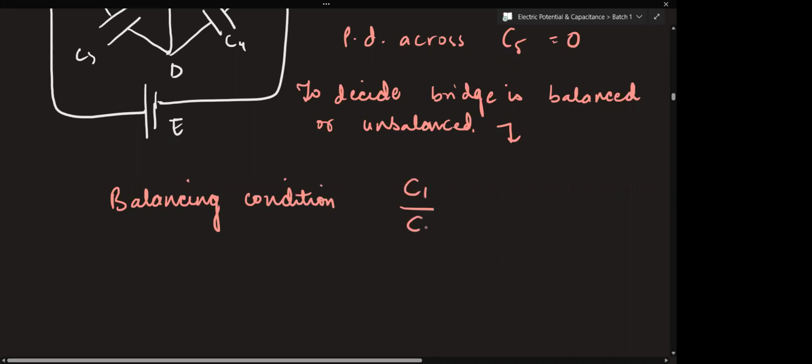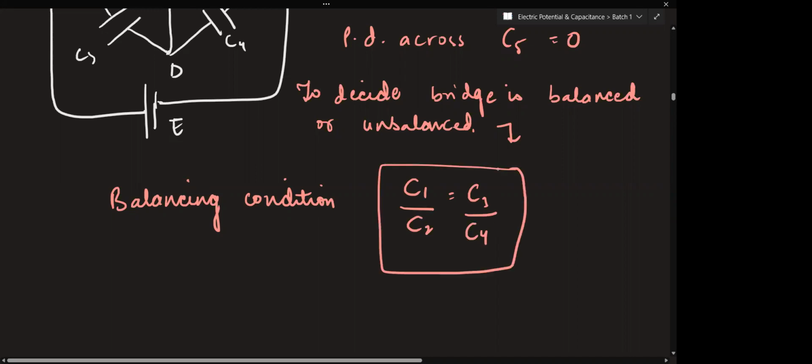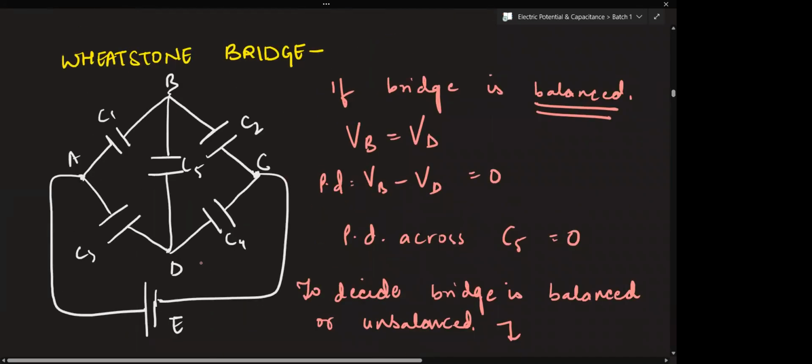If C1 divided by C2 is equal to C3 by C4, you call the Wheatstone bridge as balanced. This is called the balancing condition. If you know three of them, the fourth one can be identified if you know it's a balanced Wheatstone bridge. Or if you have to check whether it's balanced or unbalanced, you can take the ratios and check. And if it is balanced, then potential difference across these two points will be 0. It means no charge flows through it. You can remove it. If you remove this, what will happen? C1 and C2 will be in series. C3 and C4 will be in series, and both of their resultants will be in parallel. So just note it down.